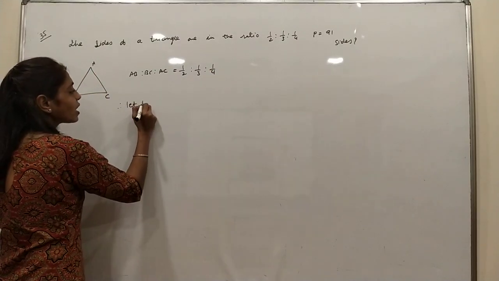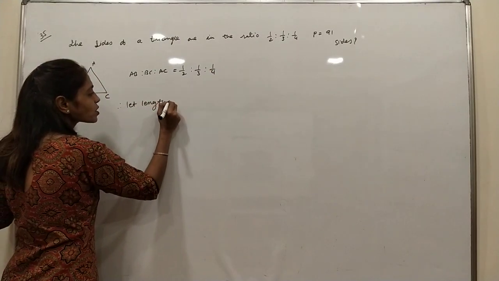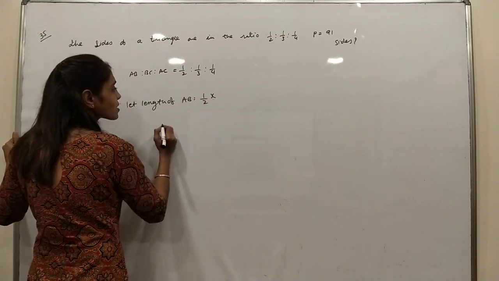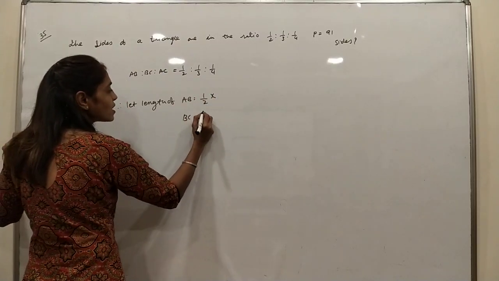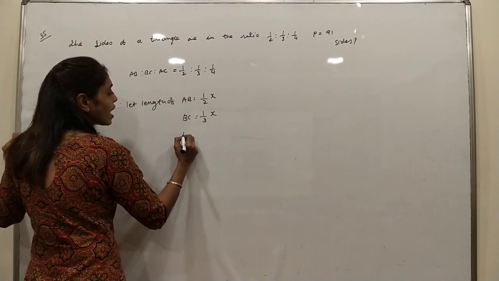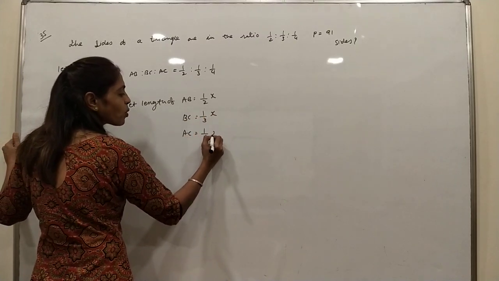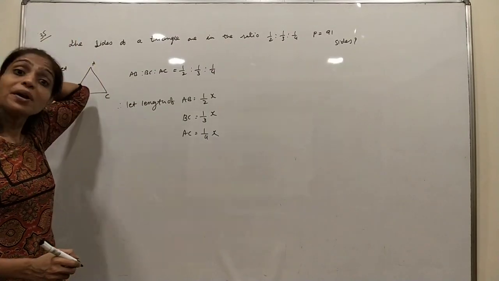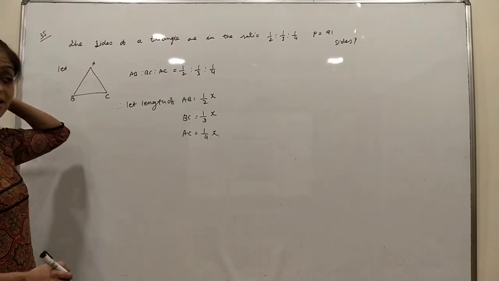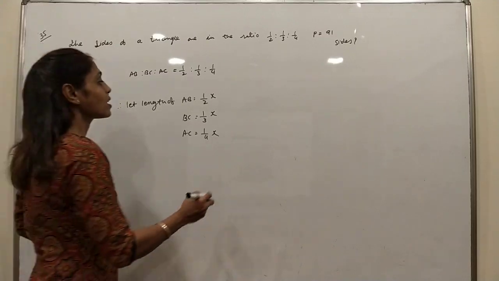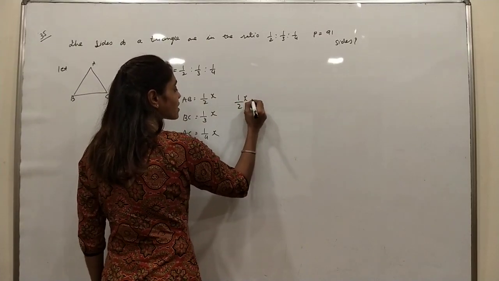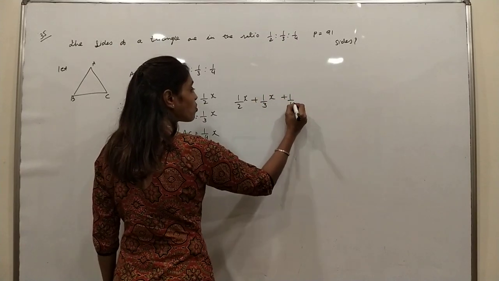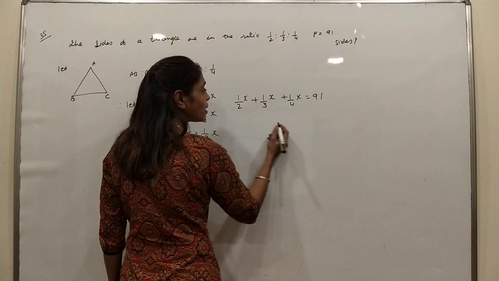So let the length of AB equal to 1/2x, length of BC equal to 1/3x and length of AC equal to 1/4x. Then the perimeter is equal to the sum of all three sides, AB plus BC plus AC. So 1/2x plus 1/3x plus 1/4x is equal to 91.